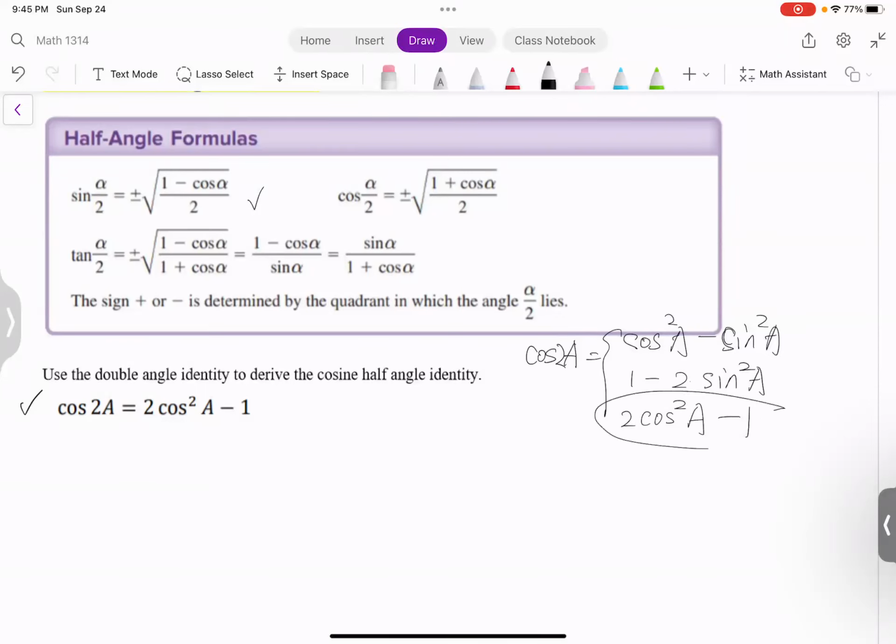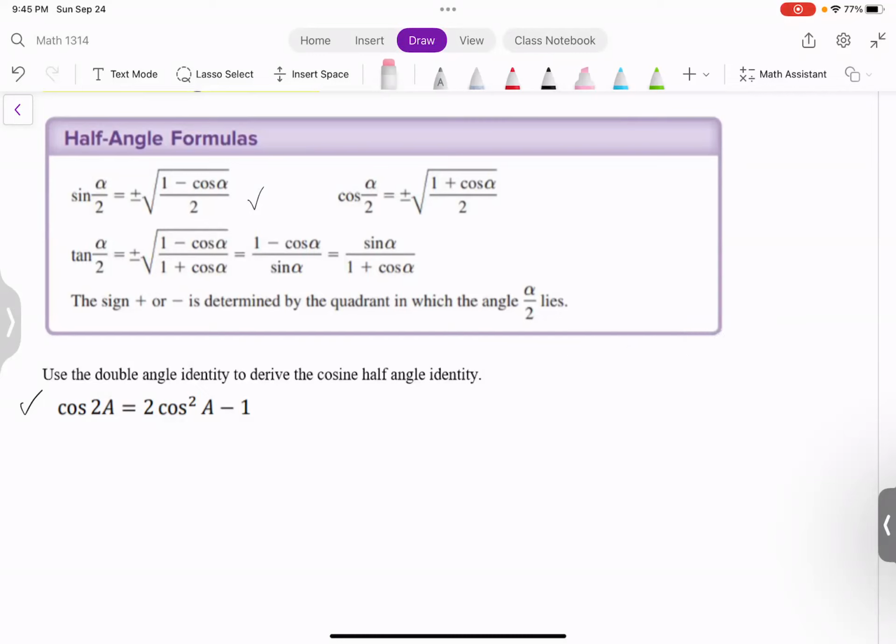If I pick the last one and then find the half angle identity, what should I do? Okay, let me get more space here. So I list the double angle identity, the last one from the cosine. If I want to solve for cosine A, and cosine 2A is given, I don't know what cosine A is. Let's isolate cosine A.